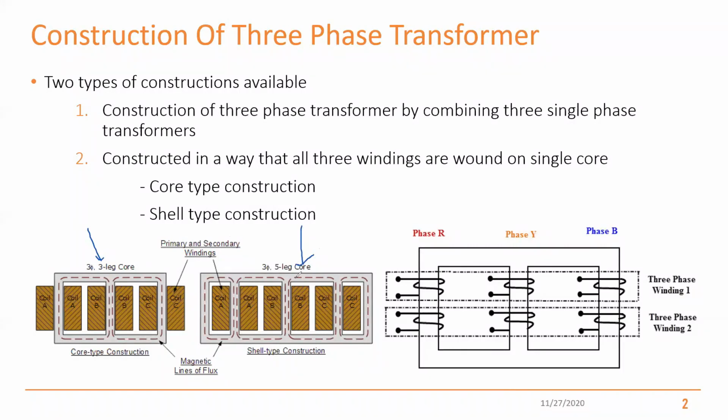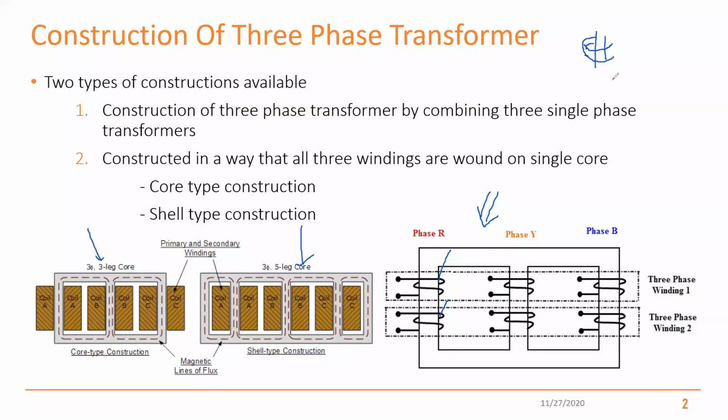We discussed the pros and cons in the previous lectures, so the same thing applies here. If you draw it in a diagram, this is the core type transformer. The primary and secondary are wound on the same limb. If you can recall, we have a limb, we wind the low voltage winding first, then we need to have some insulation layer, then the HV layer is wound around that in a core type transformer.